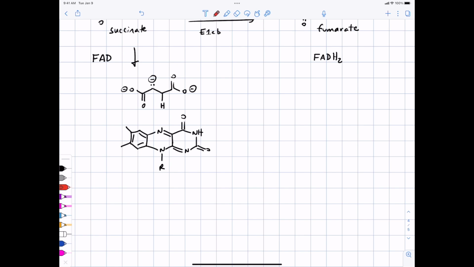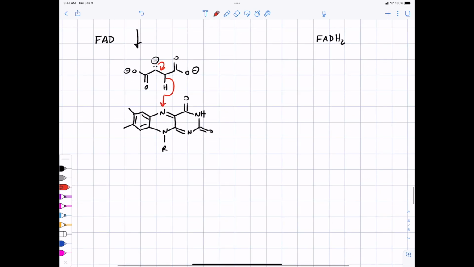Then this enolate electrons will kick down and hydride gets delivered to the sort of para-nitrogen of FAD. And you push arrows like this to generate FADH2.